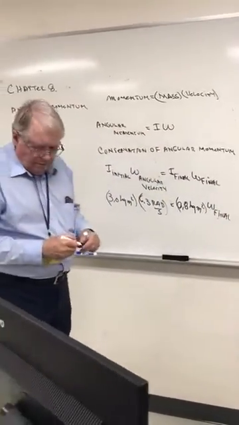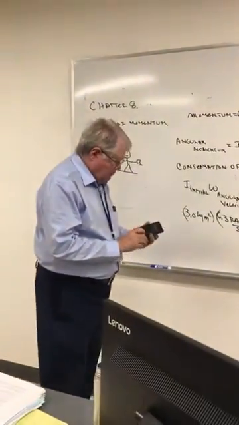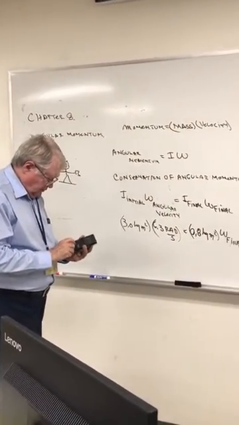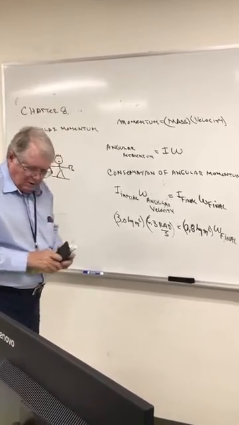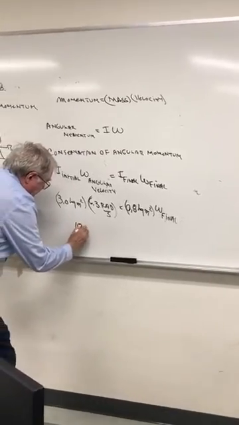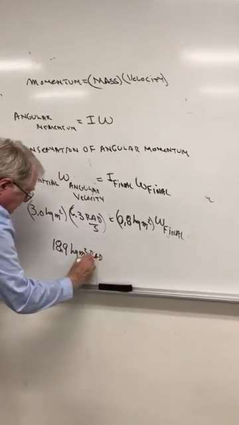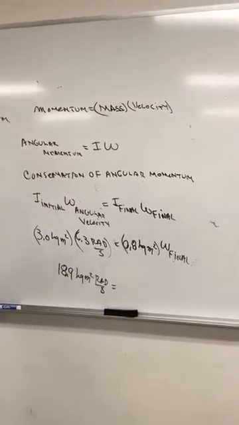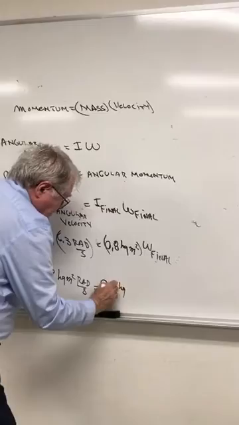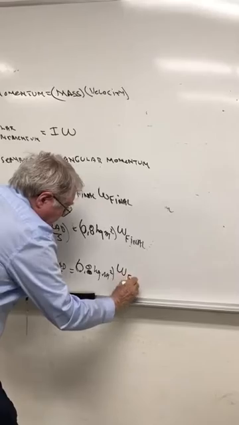So now we get out our calculator and we figure out 3 times 6.3 should be 18.9, but let me make sure that I don't make a mistake. 18.9, that's correct. So this is 18.9 kilogram meter squared radians per second. And so over here we have 0.8 kilograms meter squared times the final angular velocity.